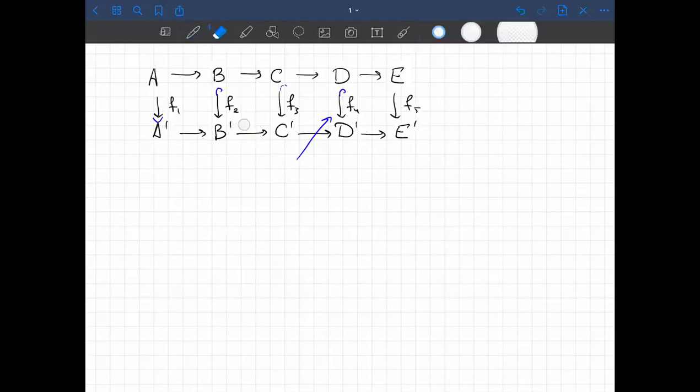So any suggestions about how to do this? So actually we just need to pick an element here that maps to 0 and check that this guy is 0 as well.